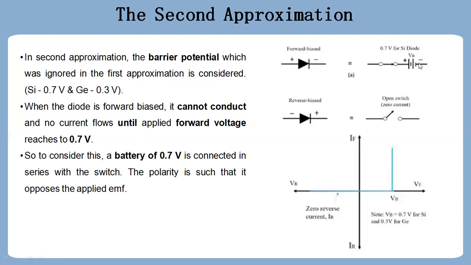Because of this barrier potential, or the battery we have connected here, when the diode is in forward bias, it cannot conduct and no current flows until the applied forward voltage reaches 0.7. When the applied voltage is 0.7 or more, we get the output, but till then the diode will not conduct and we won't get any output.